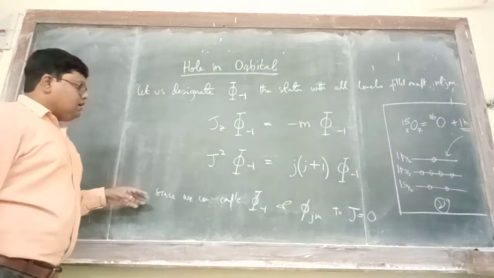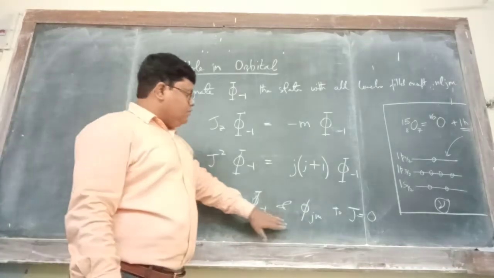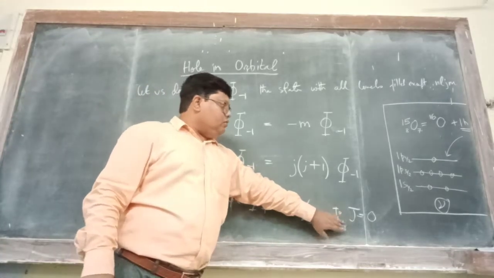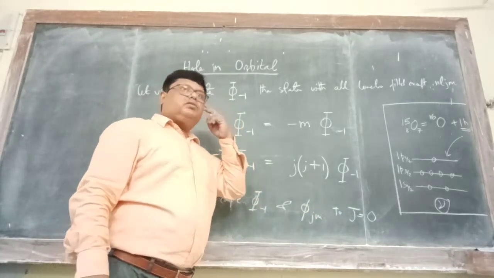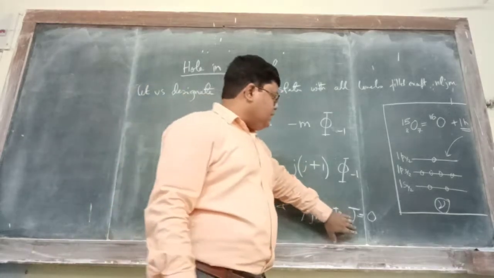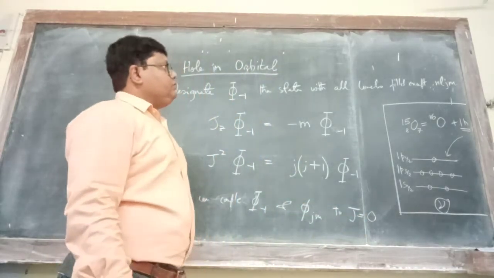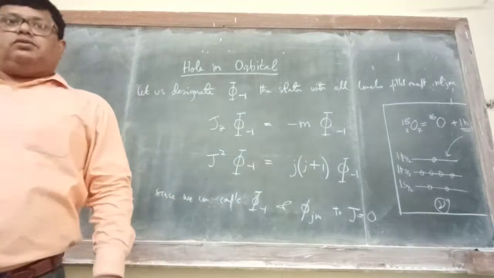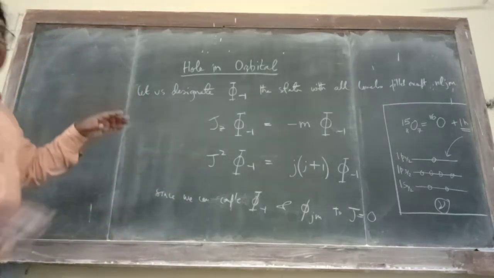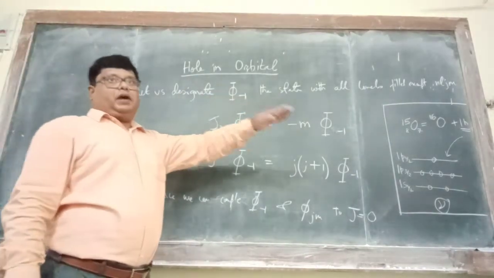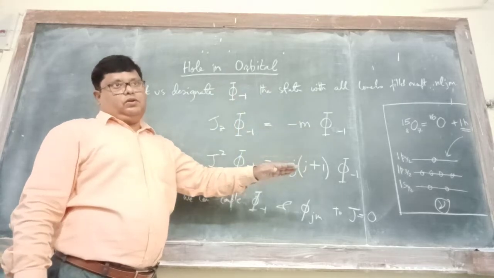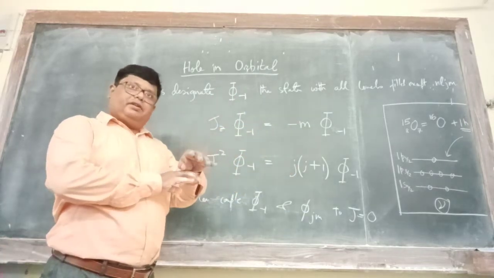Since we can couple this phi minus 1 and phi jm, we can couple this to j equal to 0. So till now we have considered only one particle or only one hole above the filled level.